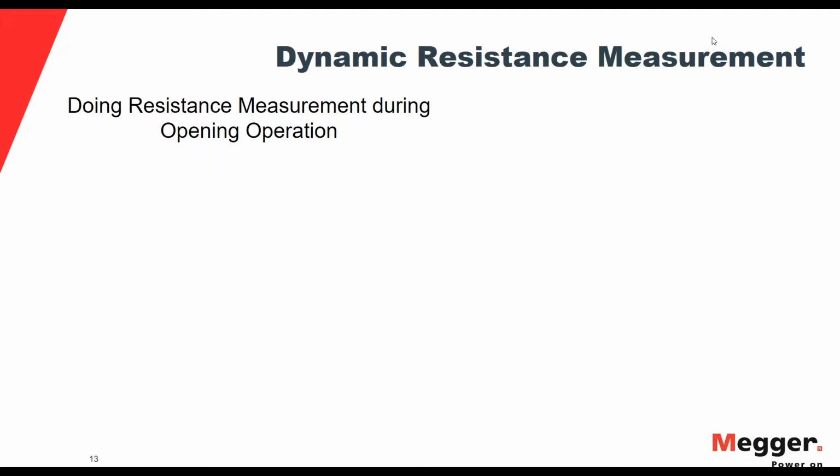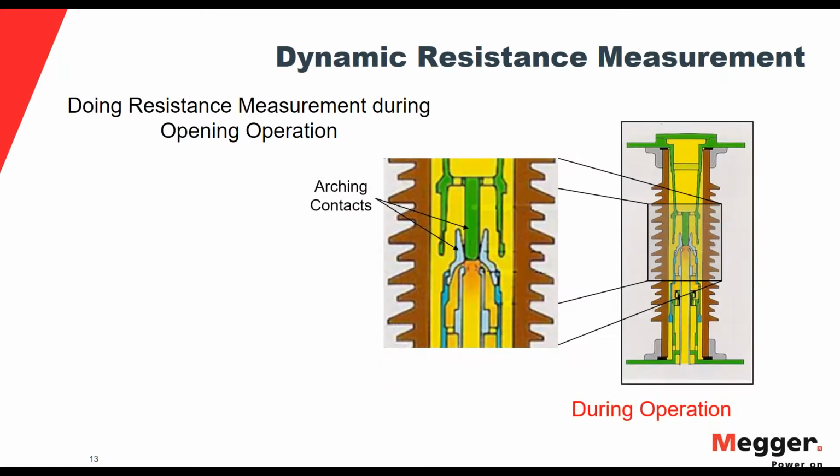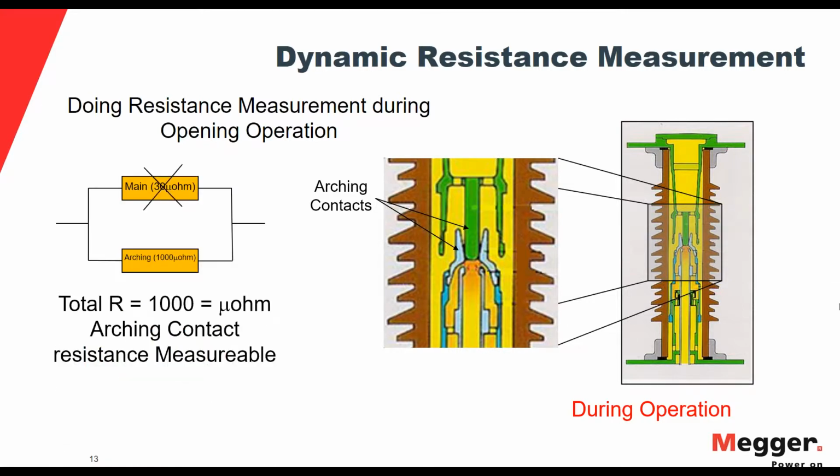Dynamic resistance measurement is done while the breaker is in the opening position. If you remember from the slide shown earlier of a preview of the breaker in open operation, if I take the portion where only the arcing contacts are touching together during operation, and I do a resistance measurement on that part or in that specific period, I can get the resistance of my arcing contact because my main contact has separated.